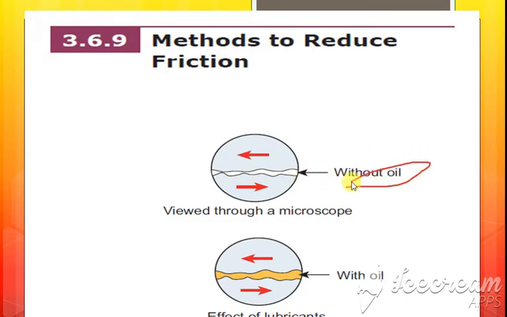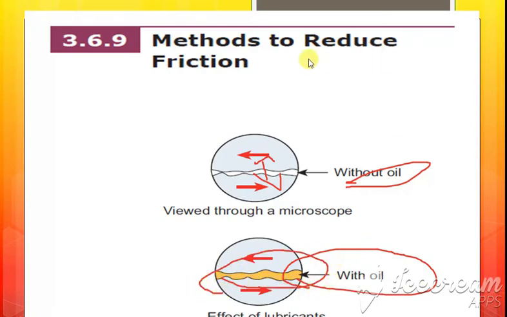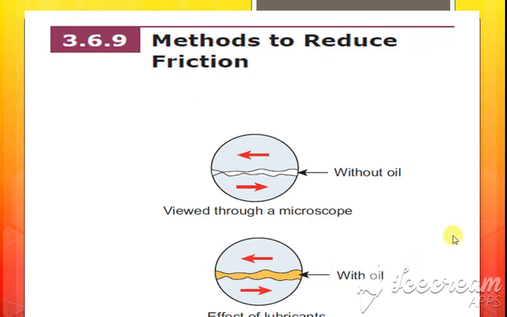Without the oil, the object would not move easily. Next, if that place is filled with oil, then we can say that it has lesser friction. Between the two there is friction, is it not? When you place oil, it reduces the friction. So this is the first method to reduce friction.